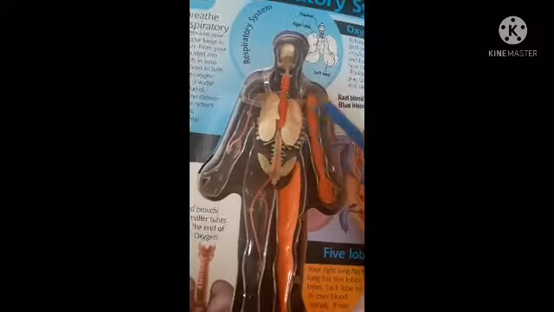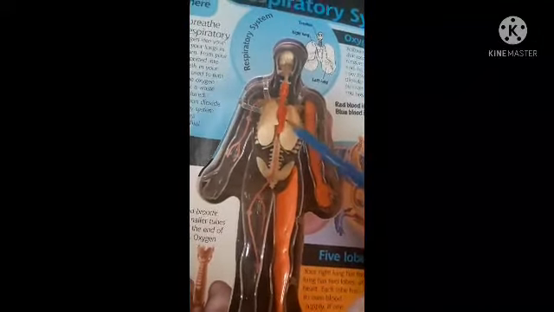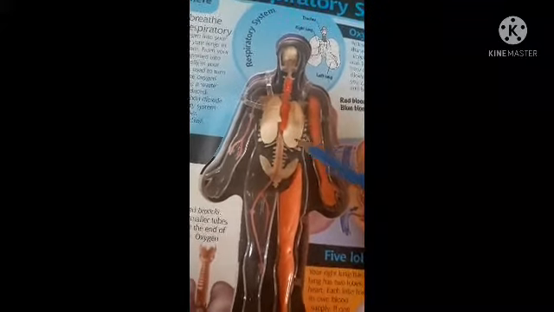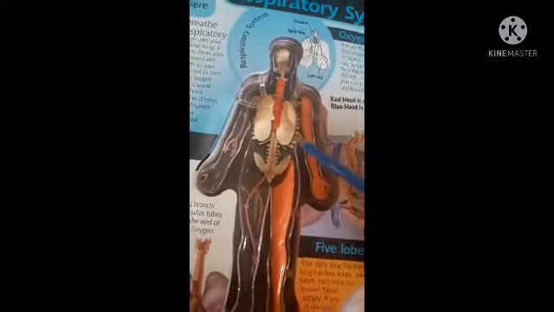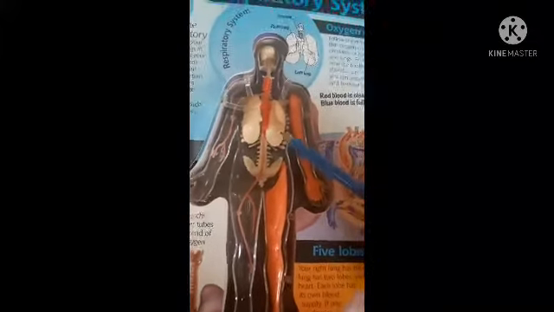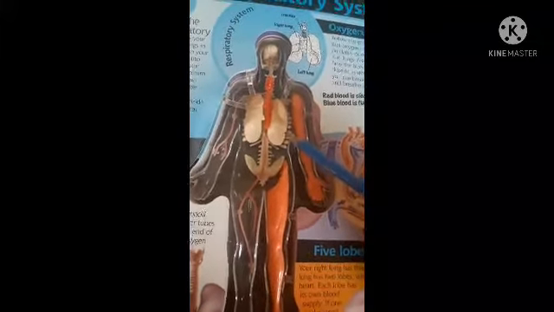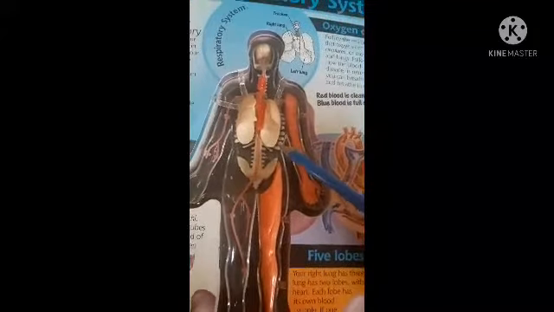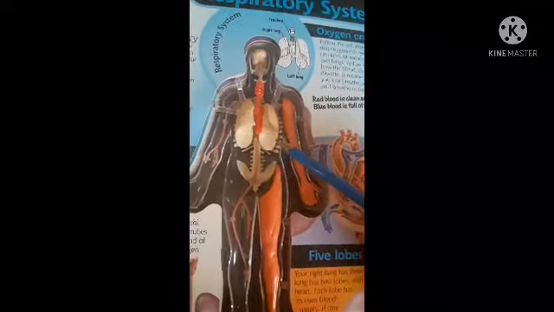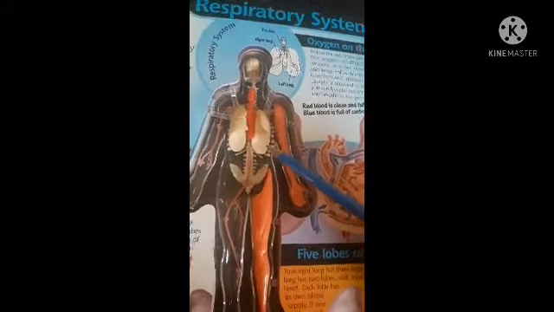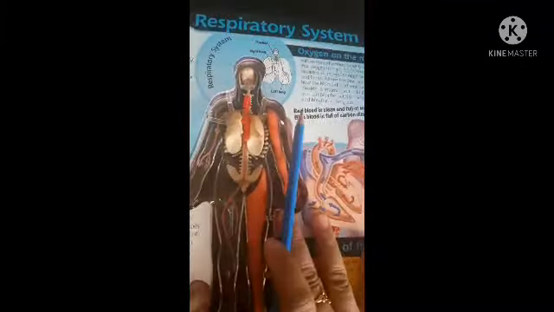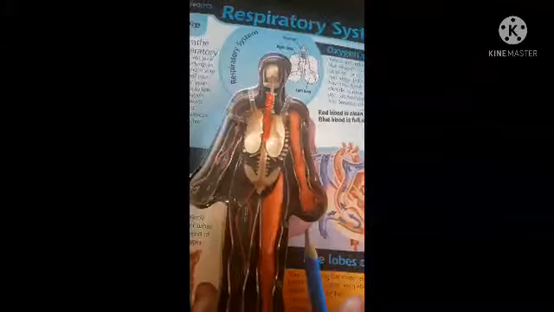When it divides, that is the bronchus. Then the bronchus is further divided into bronchioles, and at the end of these bronchioles, as I just showed you, small kinds of balls are present, which we call alveoli, and the alveoli help you to exchange the gas. Gaseous exchange takes place in the alveoli. Understood? So this is all about the human respiratory system.